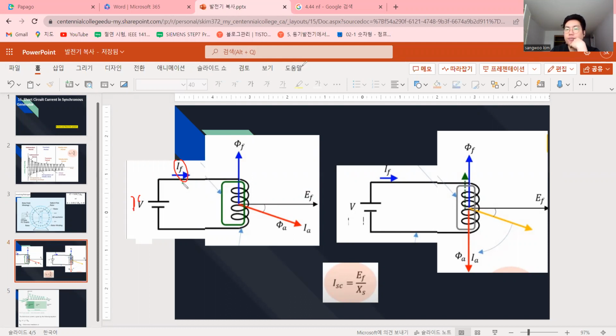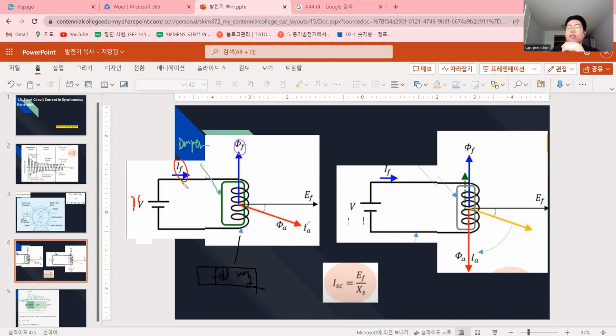And this green one, I would say, is the damper, and here the black one is the field winding. So IF makes the flux phi F here, and then it induces the EF.